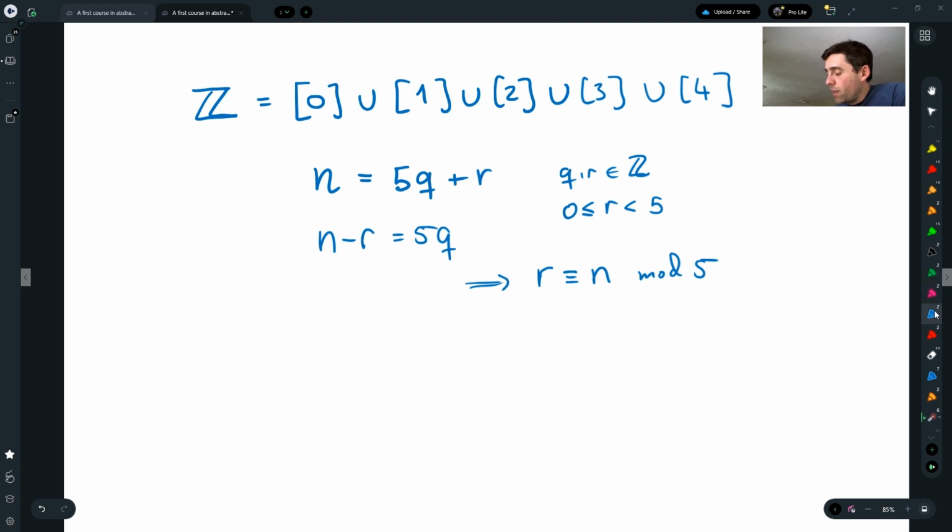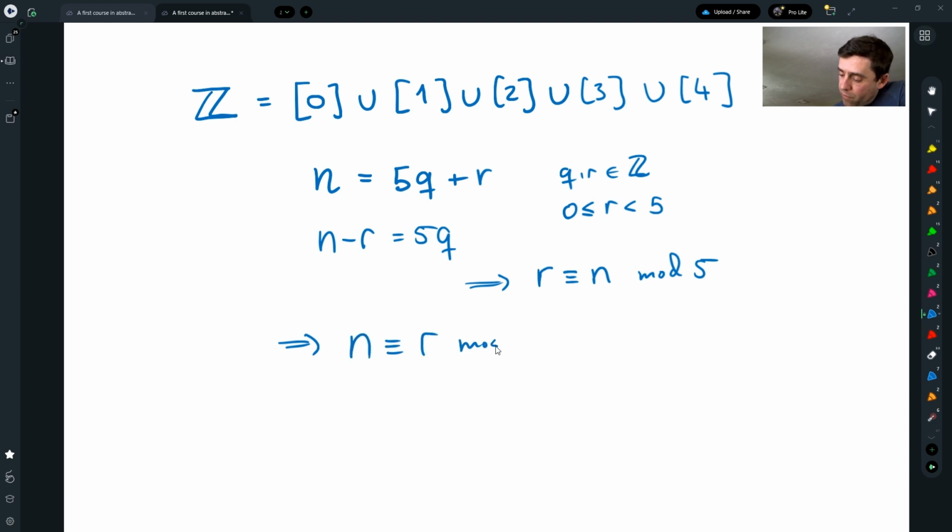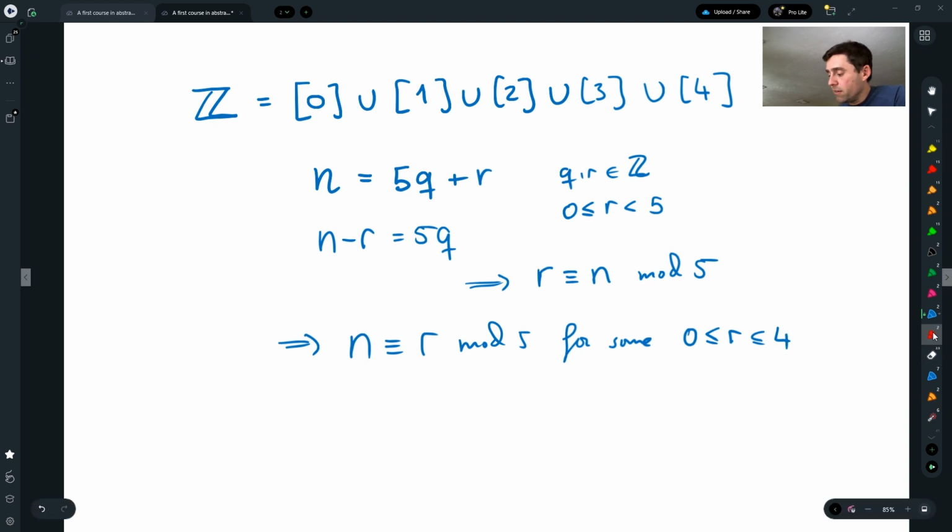So the upshot of this is that n is congruent to r modulo 5 for some r, which is the remainder by division by 5, between 0 and 4. So it is in one of these classes that we had above. And that is what happens for every n.